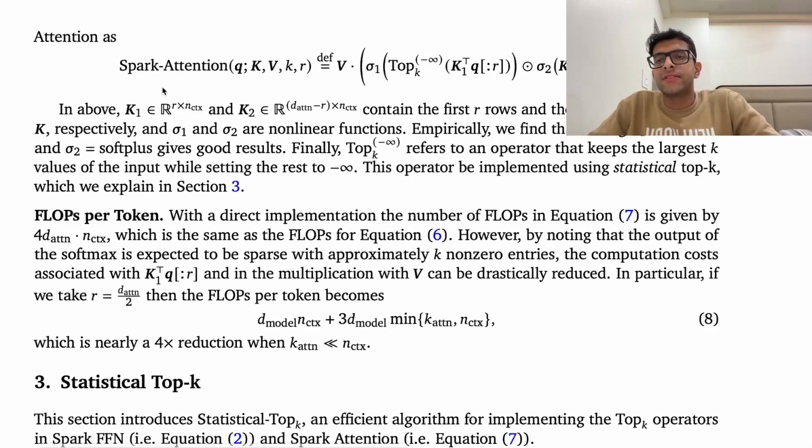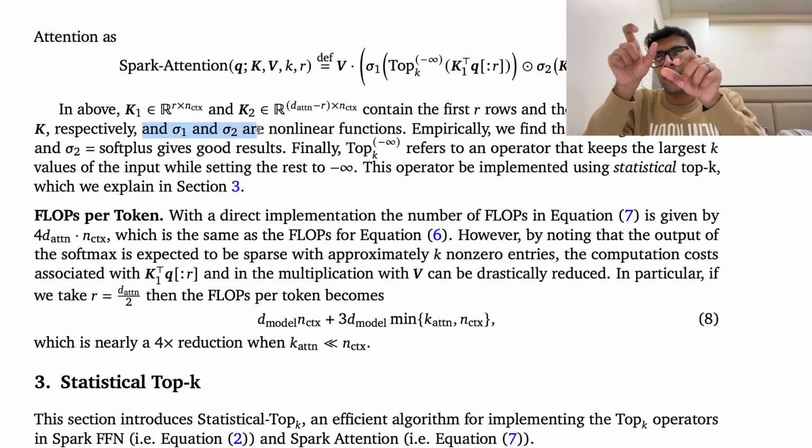The only difference in this case, as you can see over here, of course, the K1 belongs to our NCTX, and then K2 belongs to our D attention minus R, so the rest of the part, right? So we can see that over here as well. It contains first R rows and the rest of the rows from K respectively.